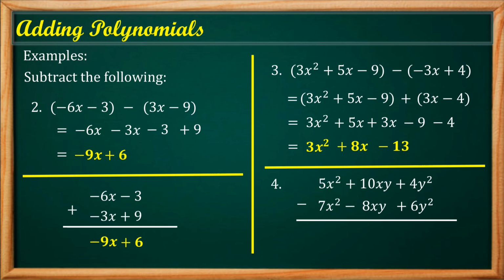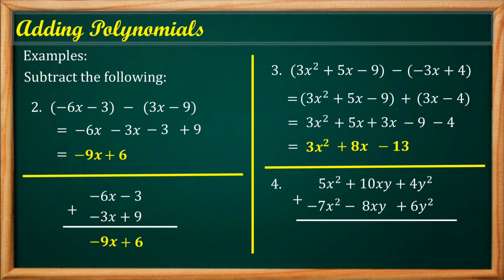Then this one is positive kanina, it becomes now a negative. Then since 7x squared is a positive, it becomes negative. Okay, then after we change the sign of our subtrahend, then change our operation to addition. Okay, it becomes now addition.